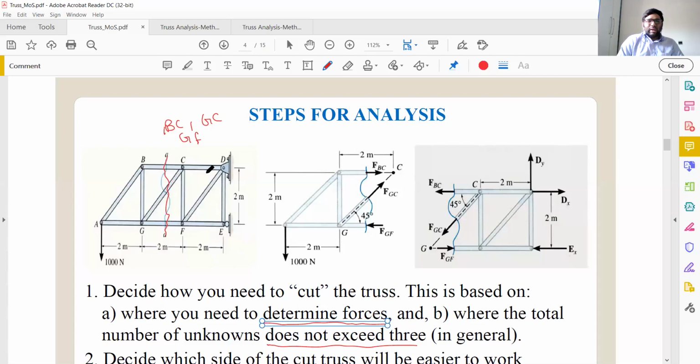So what happens here? This member will have a tension here, that is FBC, and this diagonal member will have tension FGC, and this member will have corresponding tension or compression depending upon what we take.